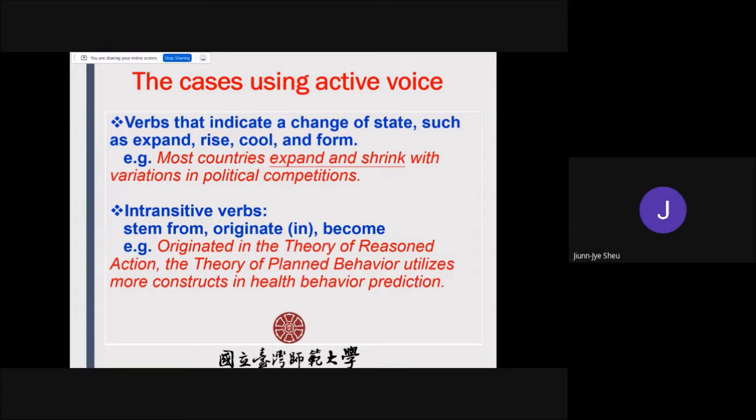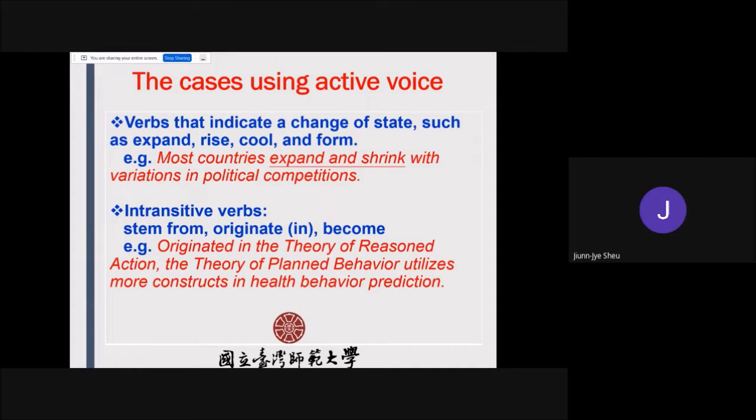Okay, so some of the examples: typically we use verbs such as expand, rise, cool, form, or describe. For example, most countries expand and shrink with variation in political competitions.